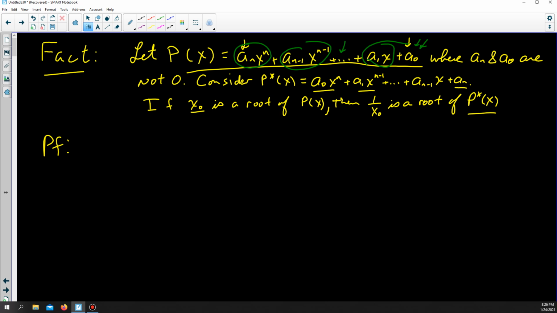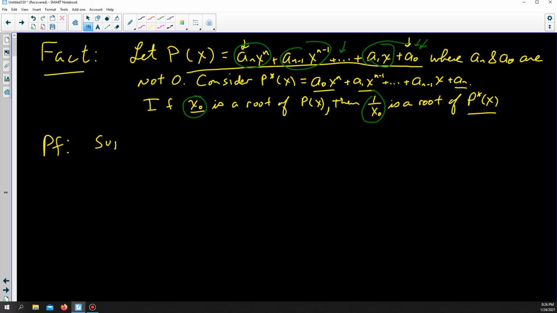But then when you add on the non-zero number a sub 0, you get a sub 0, which is not 0. Hence, 0 is not a root. So we don't have to worry about, oh, you can take the reciprocal of x0. Yes, you can.